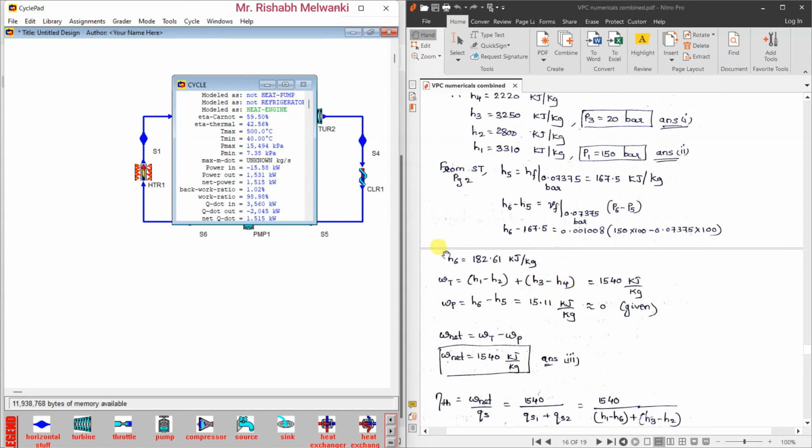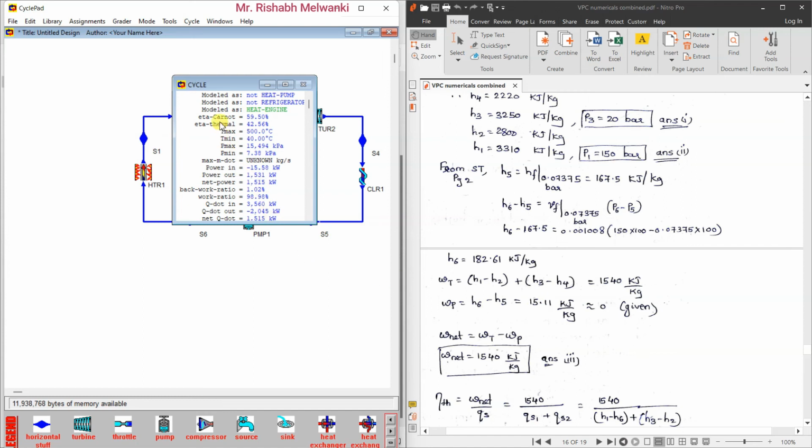So around we have an error of 9 units. Then if you consider power in, that is pump work, here it is showing negative. We know work is done on the system, so that is negative. Here we are neglecting that negative sign. So here the pump work is 15.58 and here the pump work is 15.51.